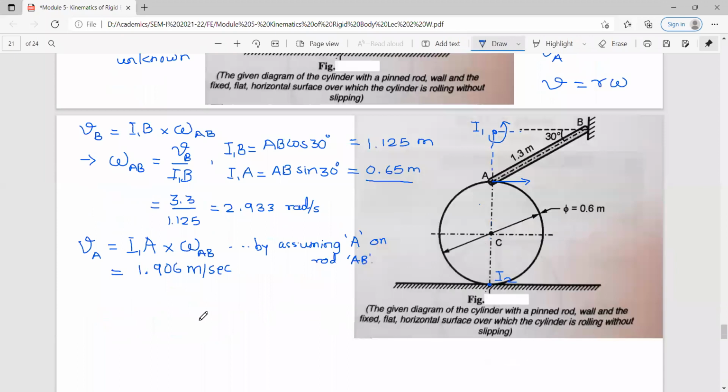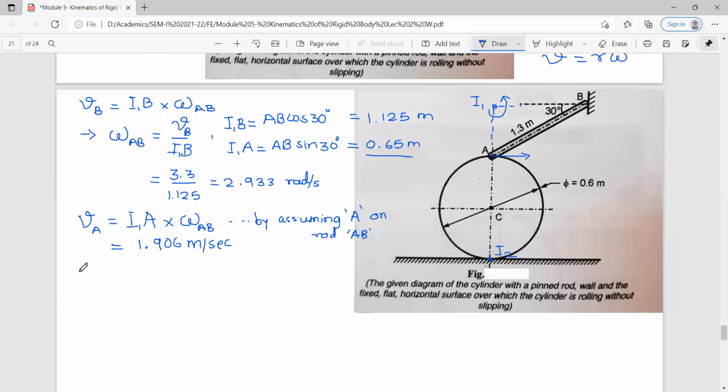Also, we can assume point A on the cylinder.